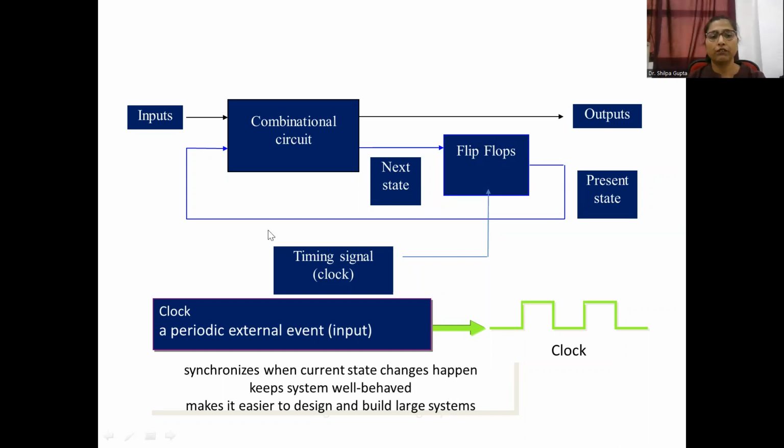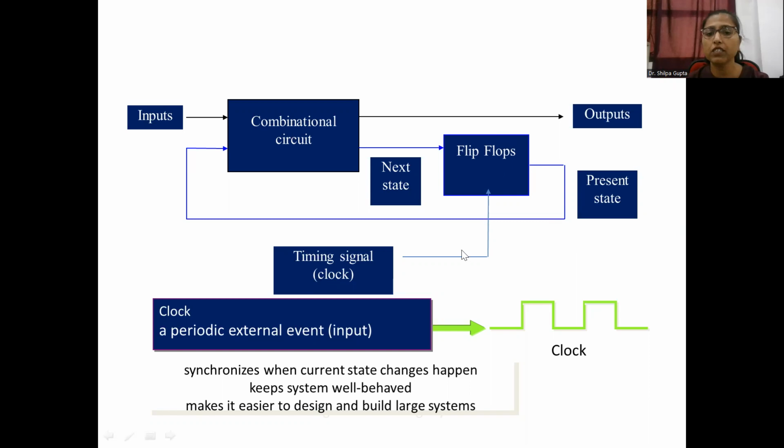These flip-flops will feed back that previous output to the combinational circuit, and that combinational circuit would assess and generate the output accordingly on the basis of the present input and the previous or past output. So that is how the output is produced in the sequential circuit.